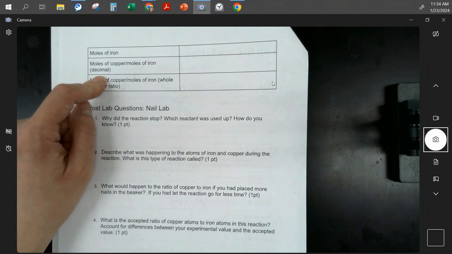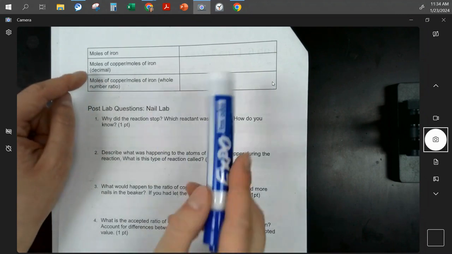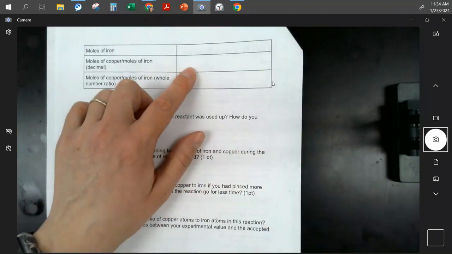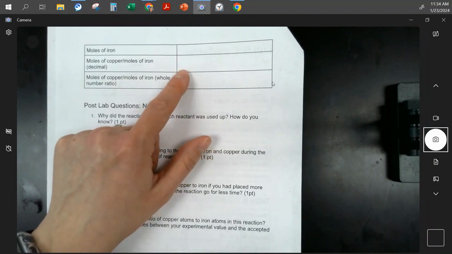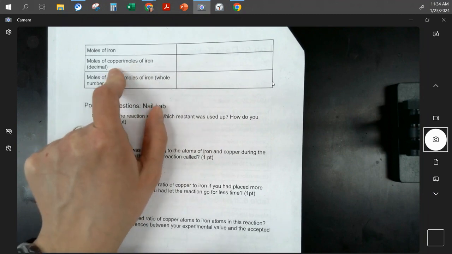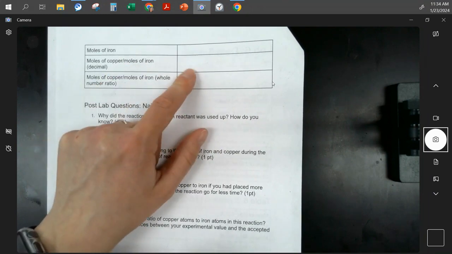Probably not 12 grams. Did anyone get more than 10 grams of copper? Okay, great. So I'm assuming that you probably have 3 sig figs in this box because our scales have 2 decimal places. So this one's just the number, moles of copper divided by moles of iron, as a value.